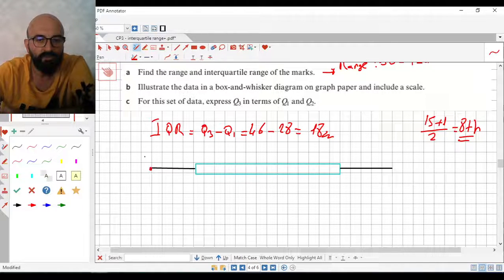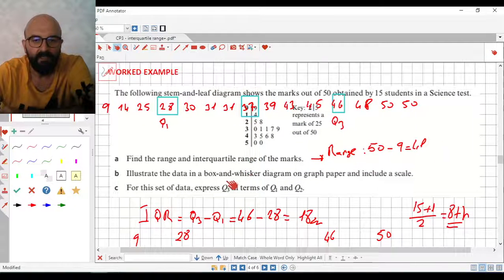This is the smallest data, 9, this is the biggest data, 50, Q3 is 46, Q1 is 28, and our median is 37.